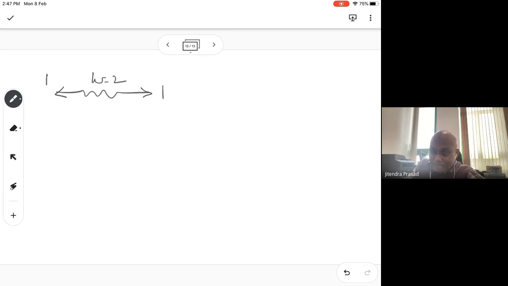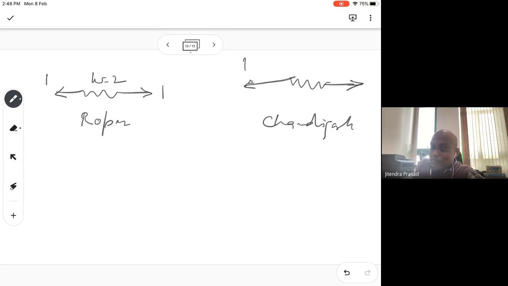You have this at Ropar. Same spring you can take, displace by, say, 60 kilometers to Chandigarh. Same forces, same thing, K equal to 2. This is still the solution.